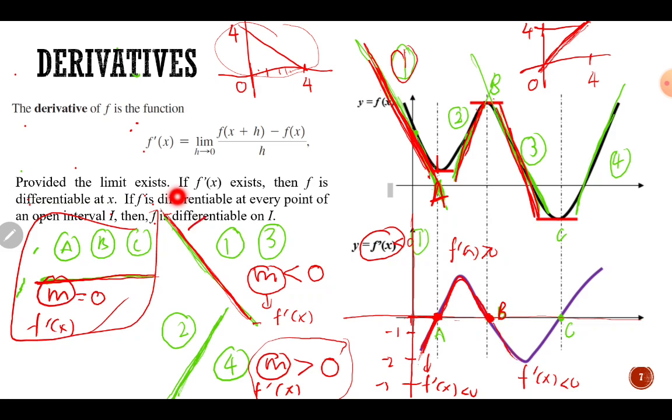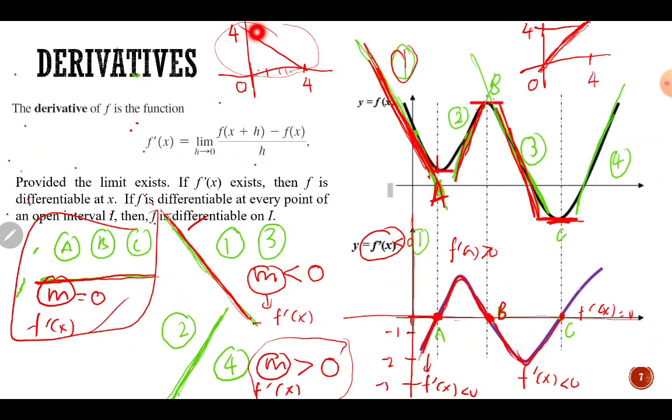So that's why it goes down. And we know we need to come back to x axis at point C, sebab at this point our f prime x is equals to 0. The slope of tangent line here is 0. So that's why the curve dia turun ke bawah, dan dia tahu dia perlu cross the x axis at x equals to C. So that's why curve ni jadi macam ni.